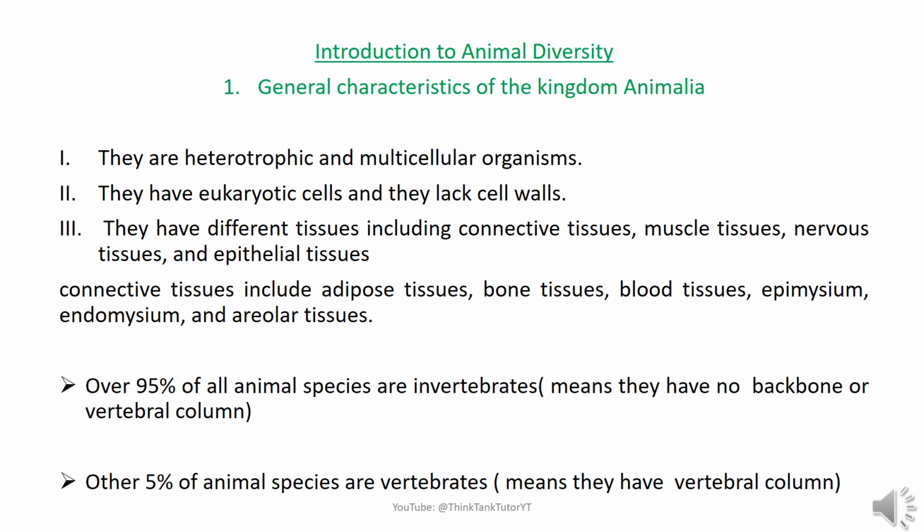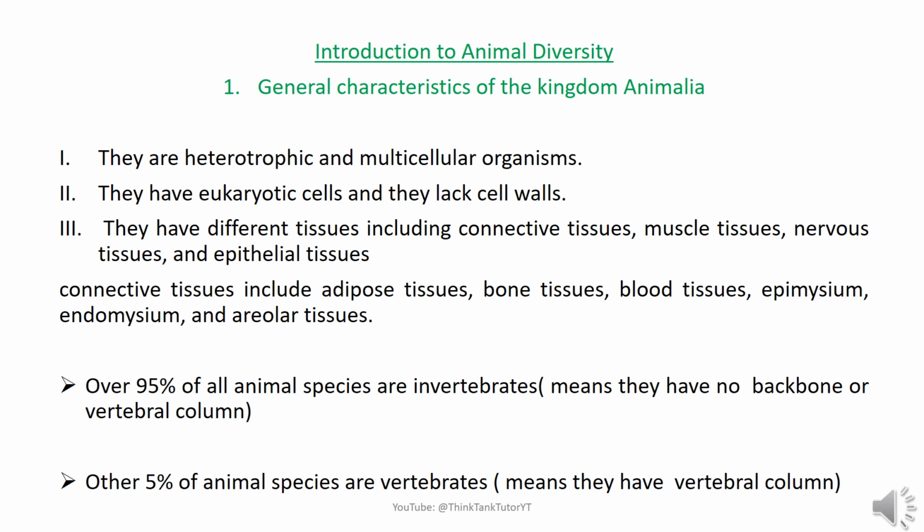Connective tissues include adipose tissue, bone tissue, blood tissue, epimysium, endomysium, and areolar tissue. Adipose tissue is involved in storage of fats. Bone tissues are used in different functions, including support, of course, manufacture of blood cells, and so on. Blood tissues are involved mainly in transport and defense mechanisms.